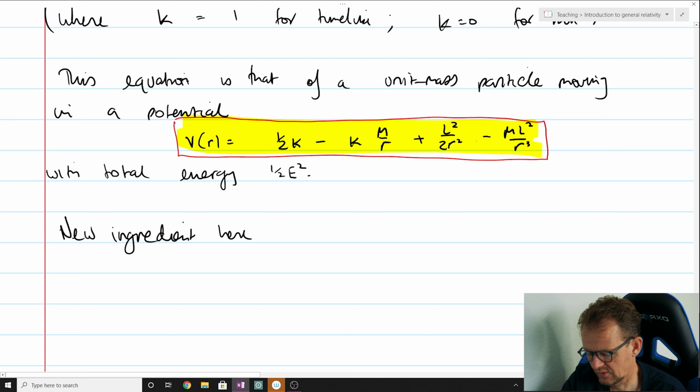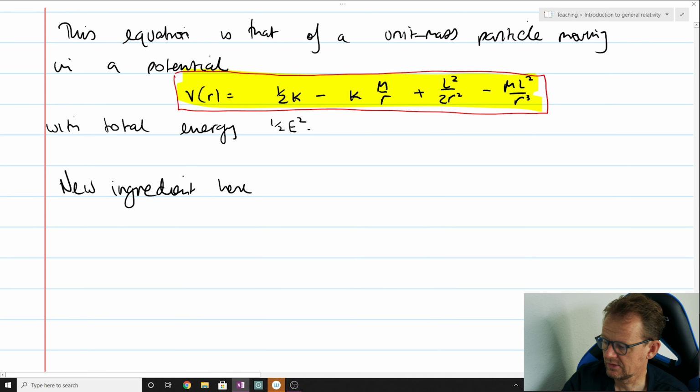The first three terms should be completely familiar from Newtonian physics. Only the last term is new, an additional term that's not present in the Newtonian setting. The extra term that's new is this minus m l squared over r cubed.